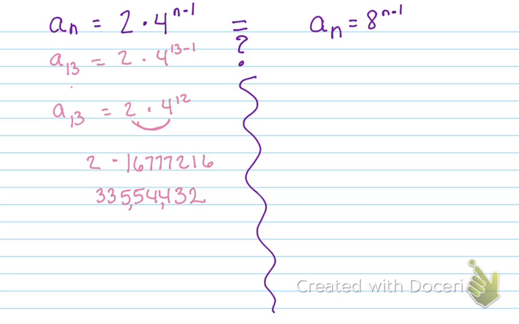Okay? If we look at this one the same way and we put in 13, a sub 13 equals 8 to the 13 minus 1, so a sub 13 equals 8 to the 12th. And we put this one in our calculator, 8 to the 12th power.